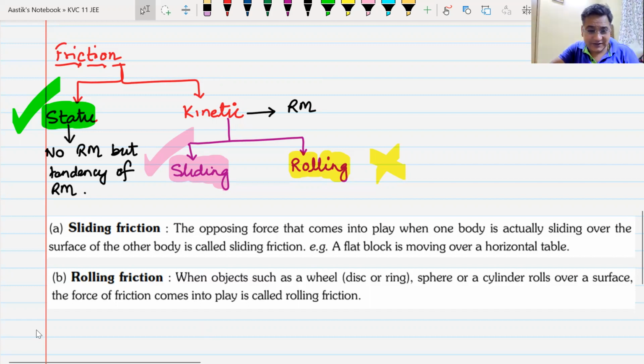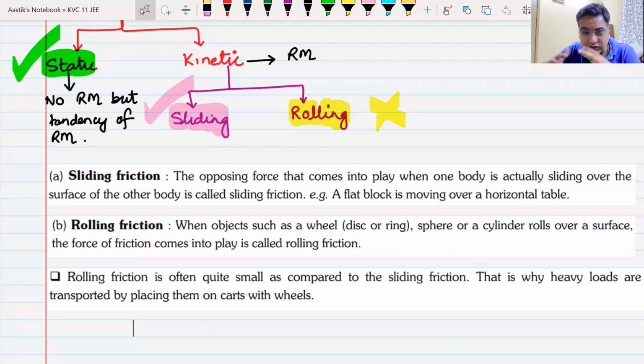But if you put some sort of wheels or round blocks or round tree or round bamboo sticks below the box, it is easier to move it. Rolling friction is always less than the sliding friction. Do we understand this? So it is easier to move.